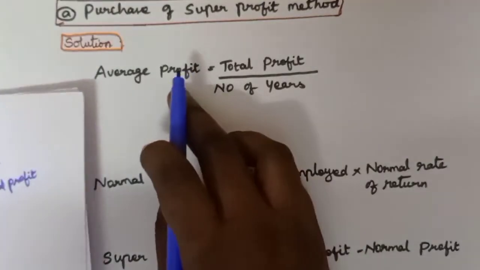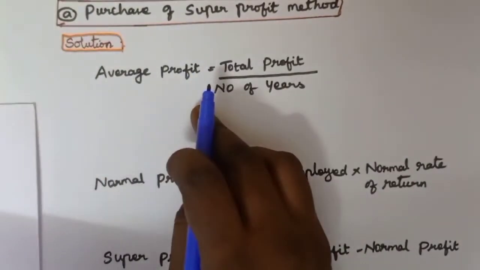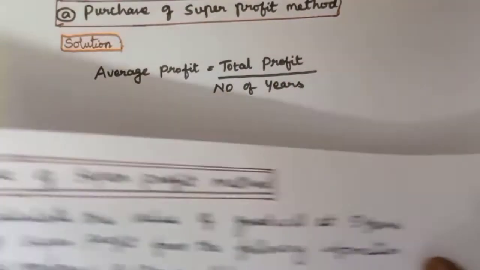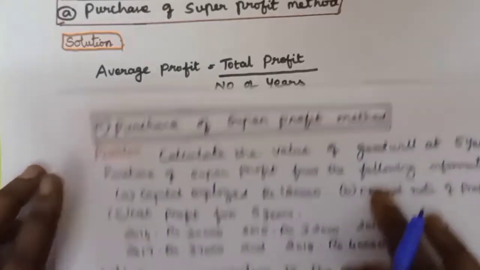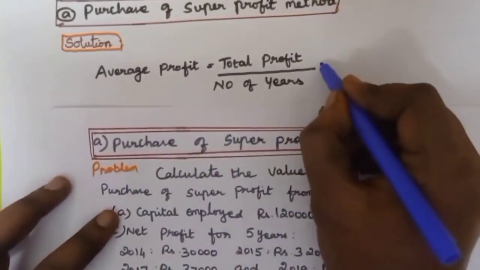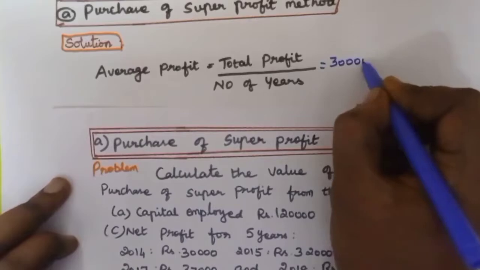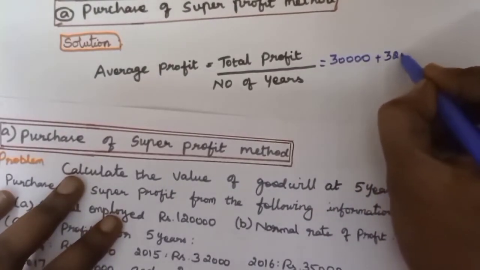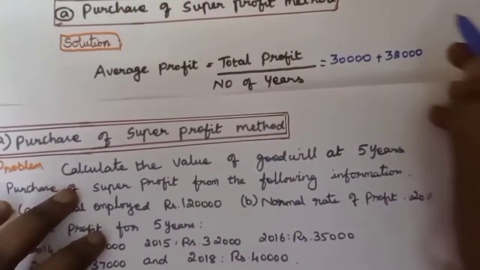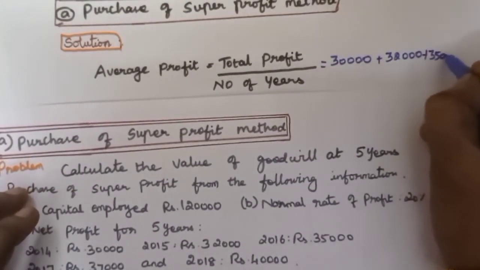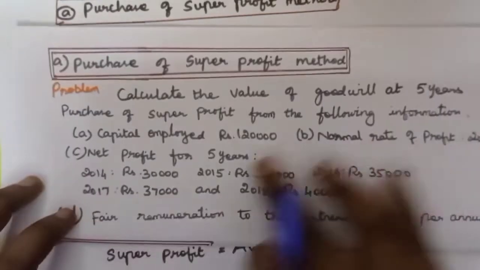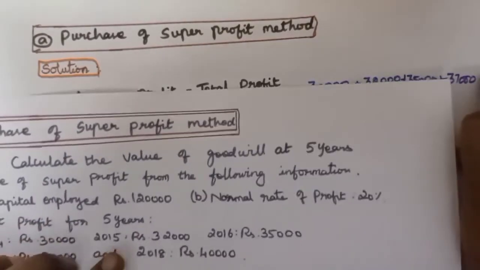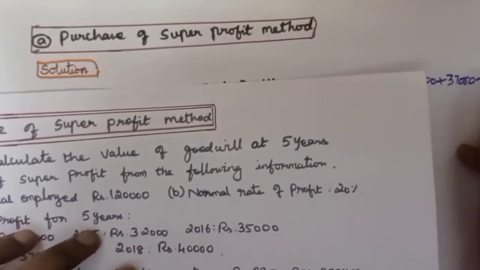First, we will determine the average profit. Average profit is equal to total profit divided by number of years. What is the total profit? 2014, 30,000. 2015, 32,000. 2016, 35,000. 2017, 37,000 and 2018, 40,000.